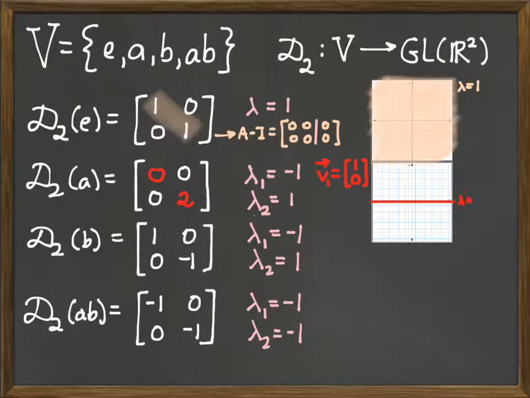This makes sense. Meanwhile, the lambda equals 1 eigenspace, what would that be? That would be the y-axis. It remains the same.